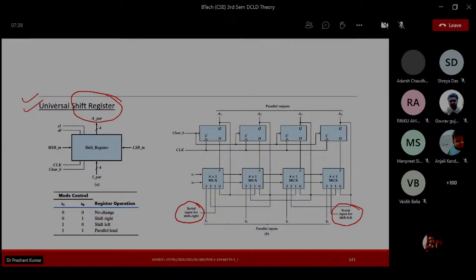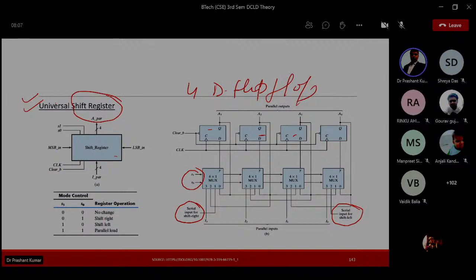So this consists of 4 D flip-flops, right? 1, 2, 3, 4. And we have 4 multiplexers, and these 4 multiplexers have 2 common inputs, S1 and S0.